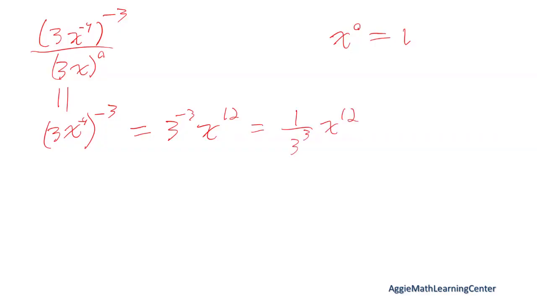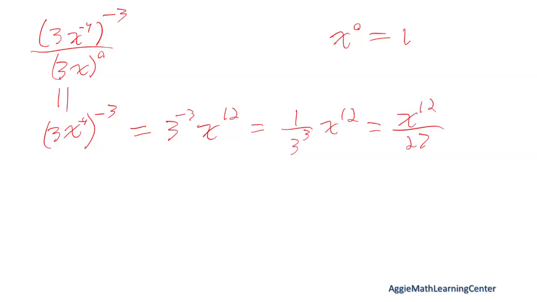And 3 cubed is 27. Isn't it a negative 3 cubed? Yeah, it was 3 to the negative 3, right? So we put that in the denominator, took the reciprocal, so we got 1 over 3 cubed times x to the 12th, and so that is going to be x to the 12th over 27.